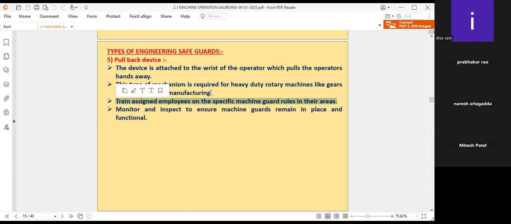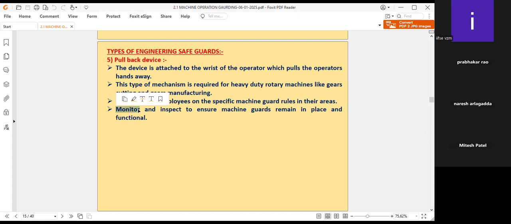Monitor and inspect to ensure machine guards remain in place and functional. Apart from the training, a machine with a pullback guard should always be monitored, evaluated, and inspected, and you have to monitor how well it is protecting us and supporting us.